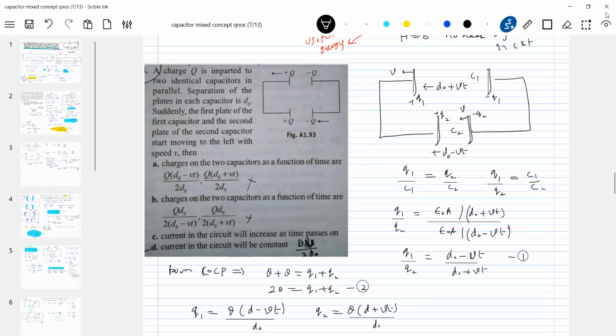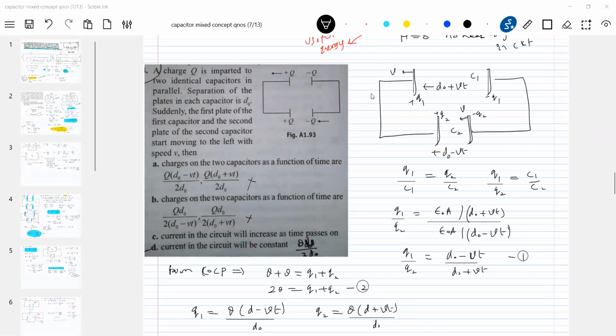This is confirmed. d by dt of Q1. The charge at any instant of time, that rate of change of charge is the current, no? Because what is Q1? Q1 is the charge at any instant of time, the total charge.